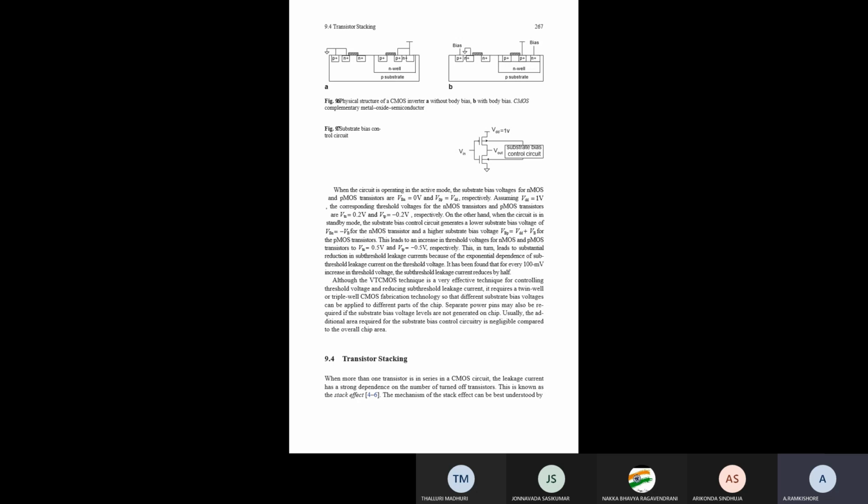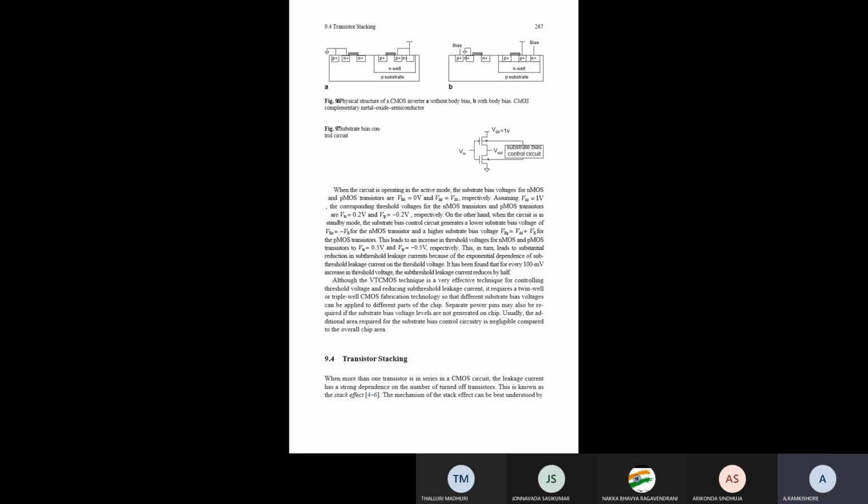Those are short circuit power dissipation, dynamic power dissipation, static power dissipation, and some leakage power contents. Those will be minimized by using different techniques.